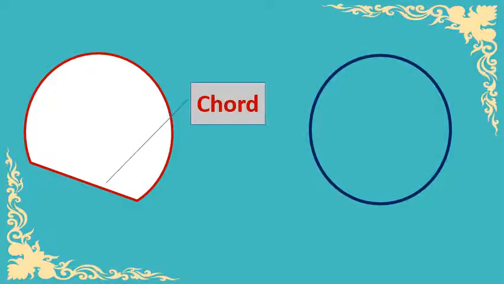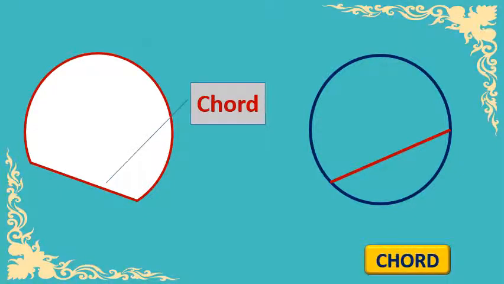See here, I will draw here. See, this is a circle, you know. See, this is a chord. What is the meaning of chord? Chord means a line or a segment which joins two points of the circle. Got that? Here you can see that the two points are joined by this red line. That is nothing but a chord. Okay?